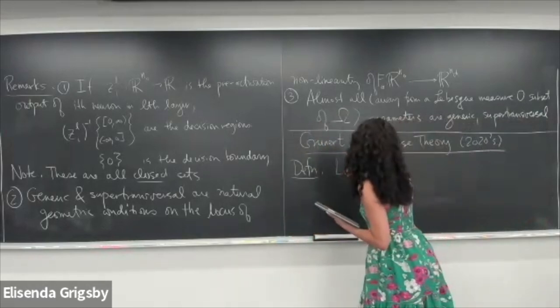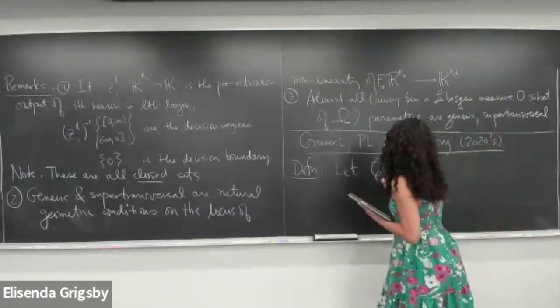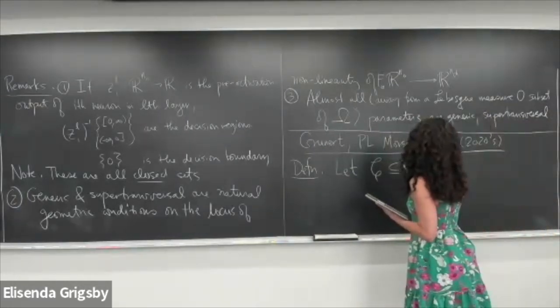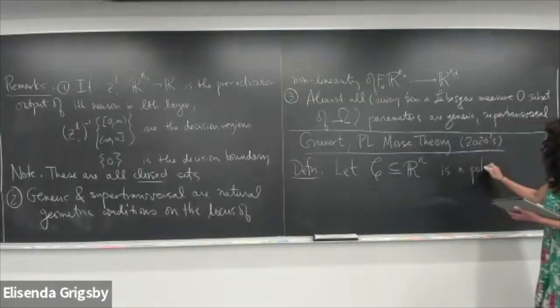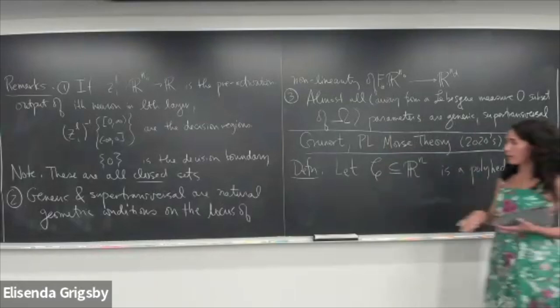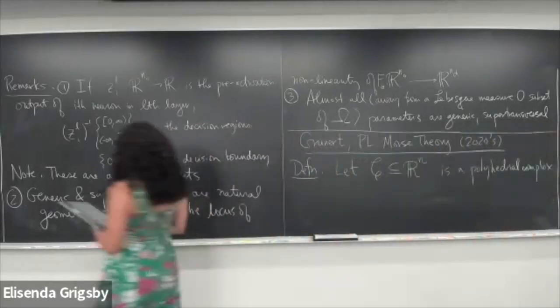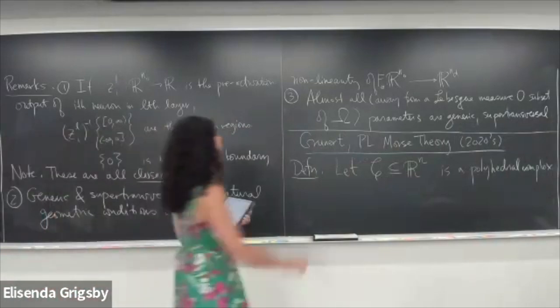Okay, so we talked about polyhedral complexes last time. So suppose you have a polyhedral complex sitting inside of R^n. Remember, this is made up of finitely many polyhedral sets when they meet in a common face. So let this be a polyhedral complex.